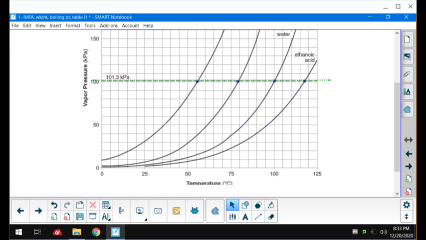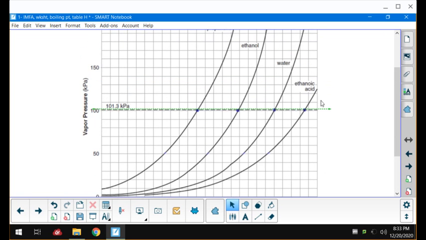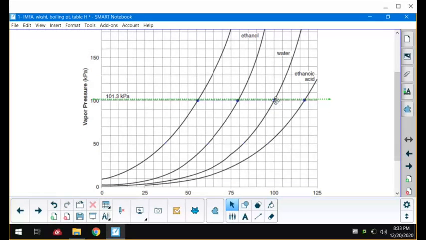Now, why is that line important? Well, the line is important because it shows us, and I've marked the points here with 4 individual points, the boiling points of those 4 substances. So if you consider the one you probably know, water, this third line here, water crosses 101.3 kilopascals at 100 degrees Celsius.